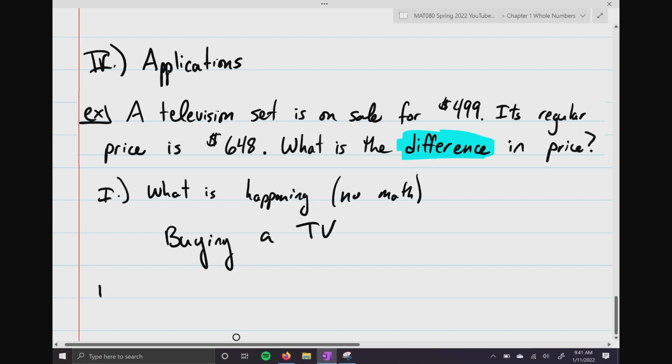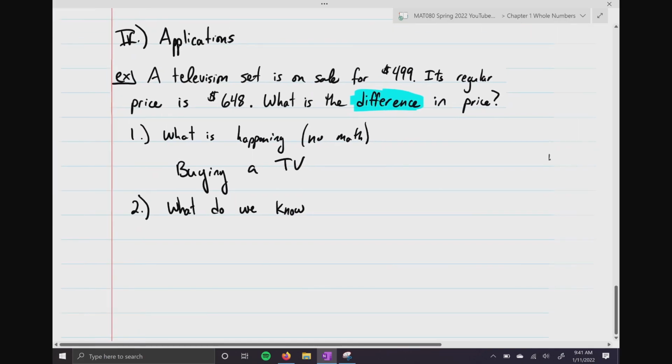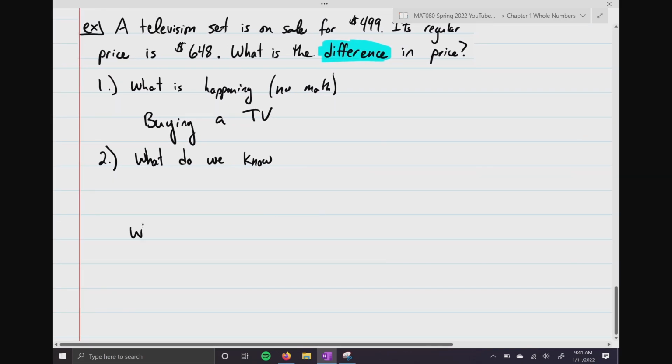So part 2 or step 2. Let me write them in 1s and 2s. There we go. Step 2. What do we know? And what don't we know? Well, we know the price of the TV. Regular price is $648.